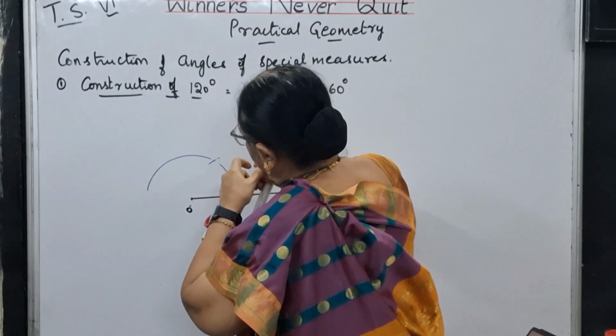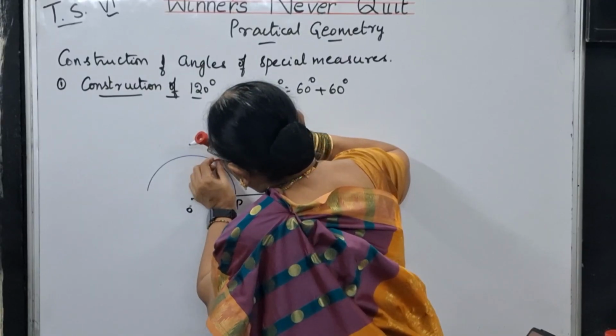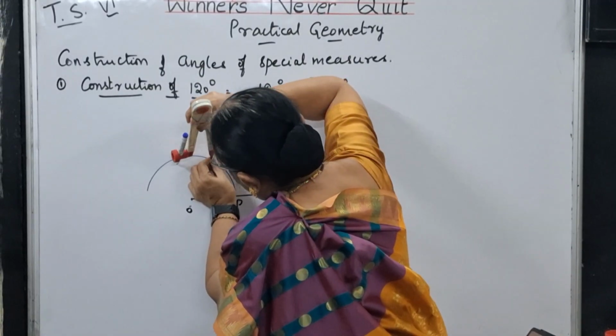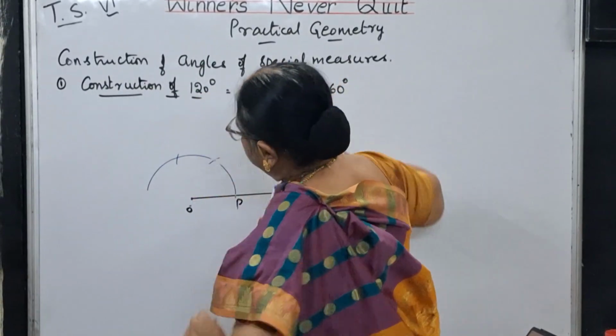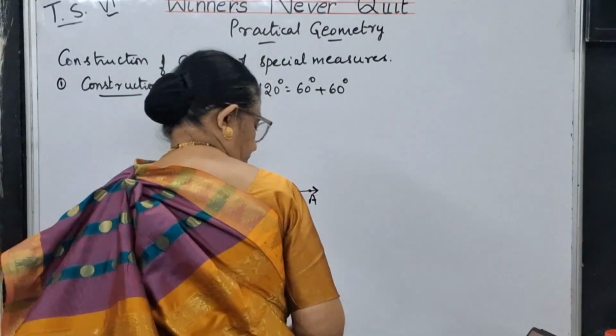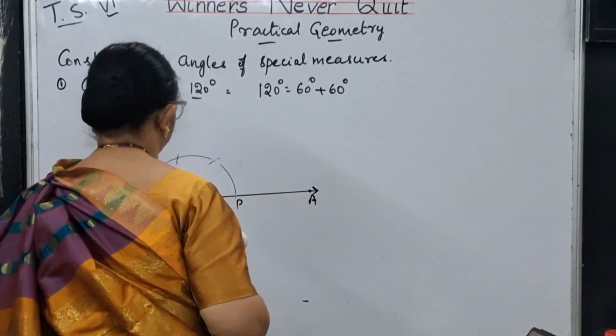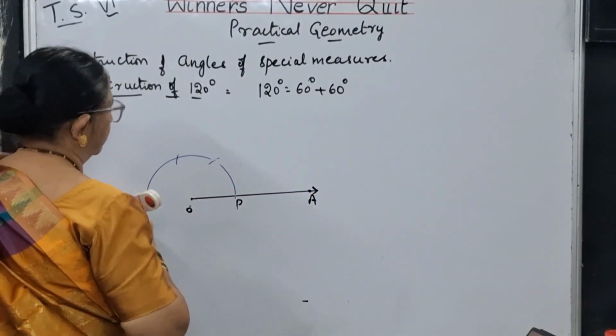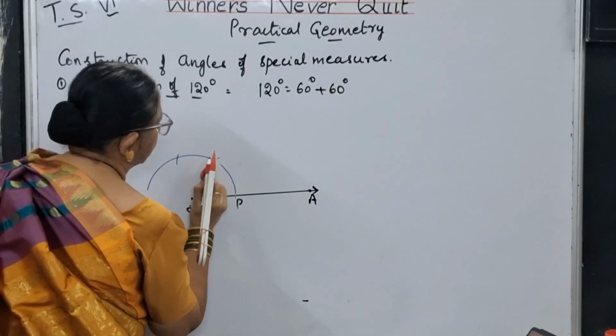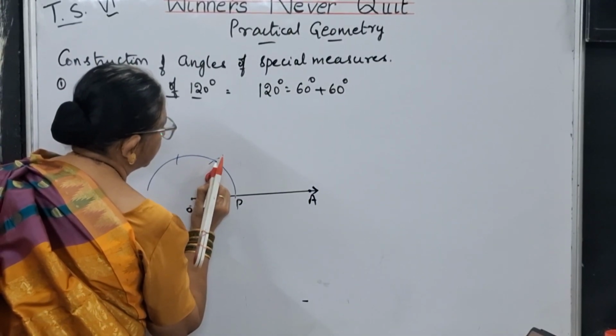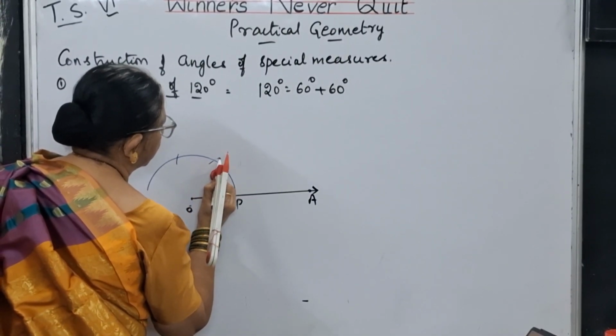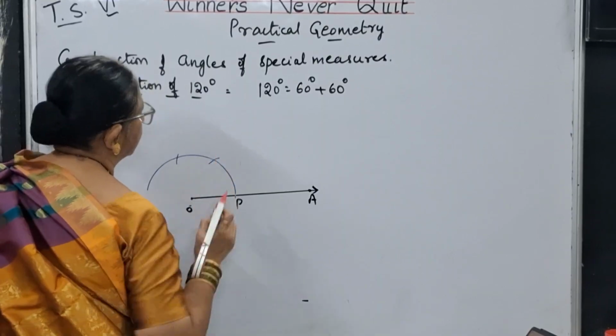So, let me do it. With this as center, another arc in this way. This is the arc that I have got.